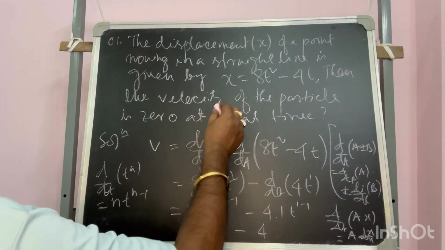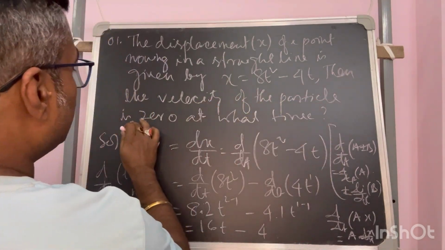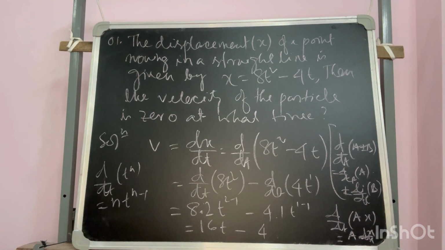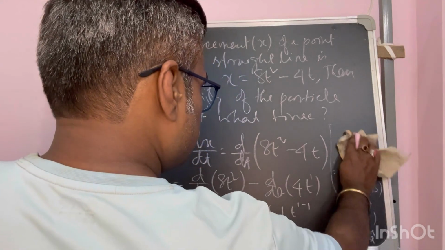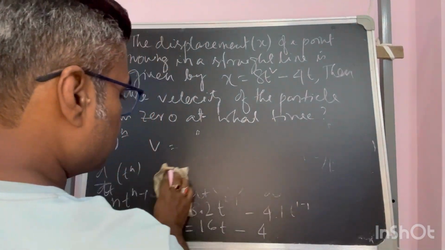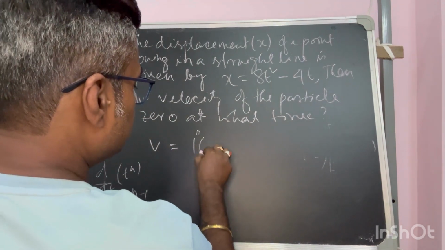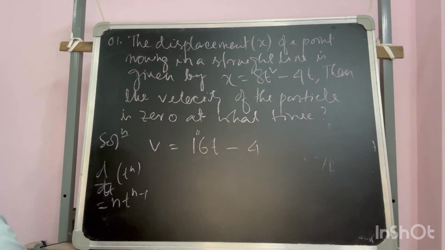Now the thing I have to calculate is: the velocity of the particle is 0 at what time? So just remember this last equation: v is 16t minus 4. This will be the ultimate equation.